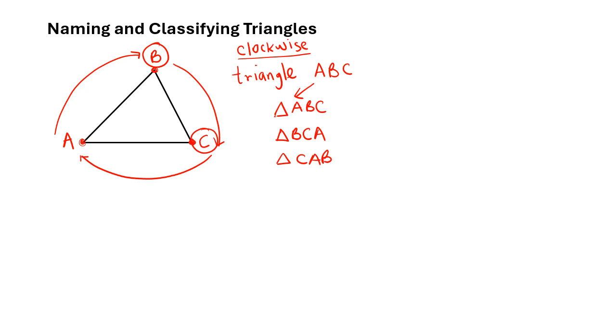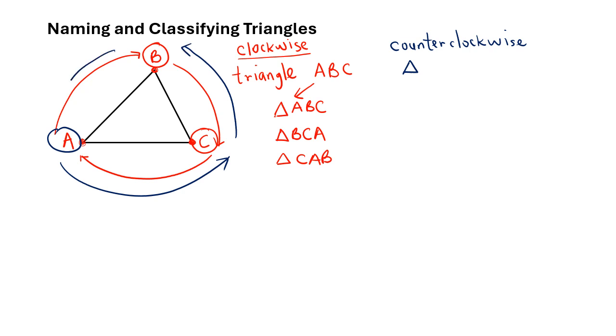Let's go ahead and try naming this triangle counterclockwise, starting from A. So again, we're going to start from A and go in the opposite direction, like that, and like that.